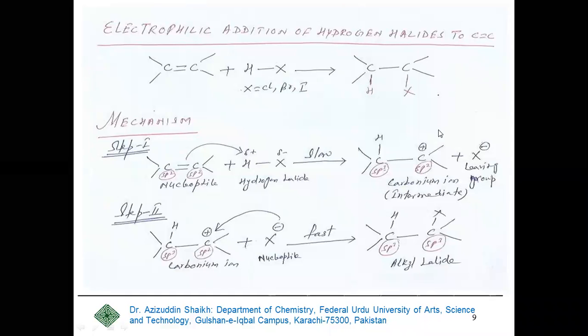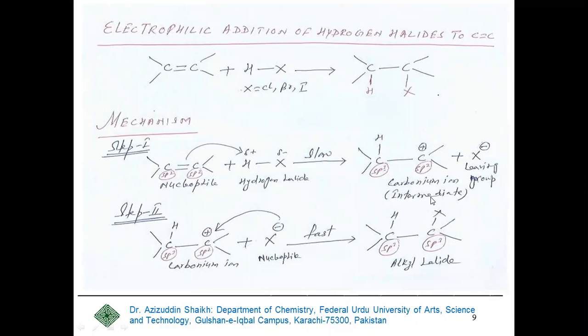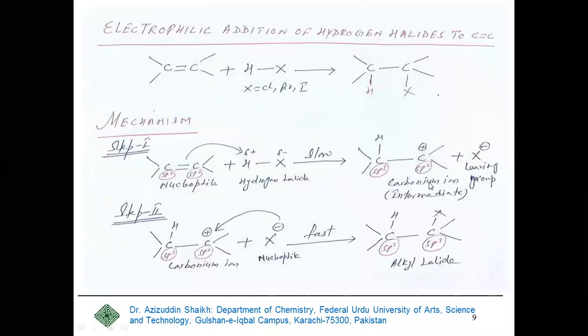In this step, this is the carbonium ion. The carbonium ion is the intermediate. Intermediate means it exists, and you can isolate it, or at least imagine it. So in short you can say it is an intermediate product. The stability of the carbonium ion depends on its nature.